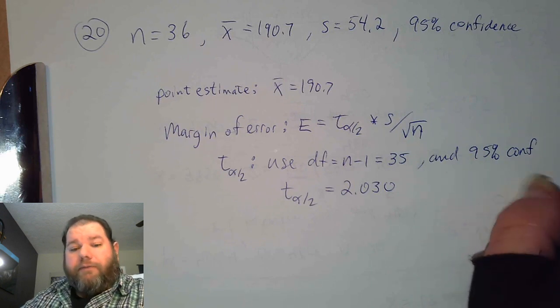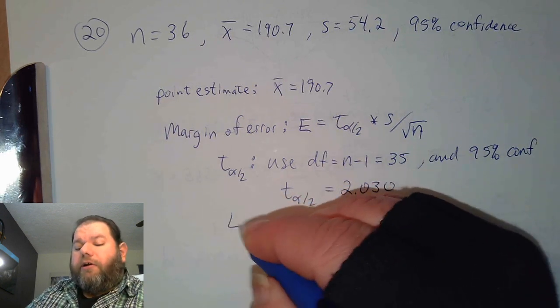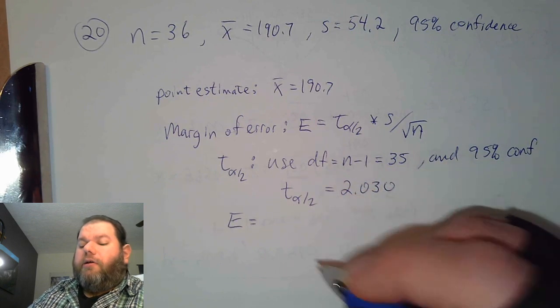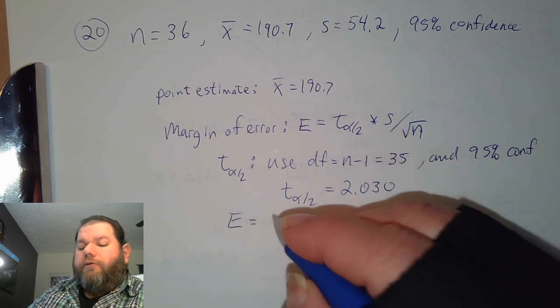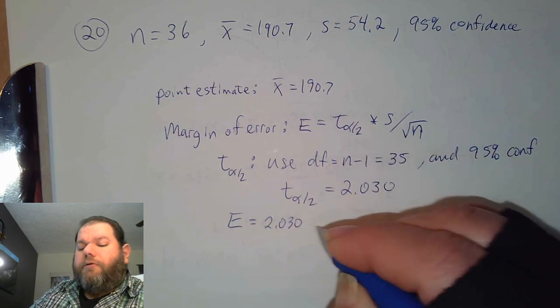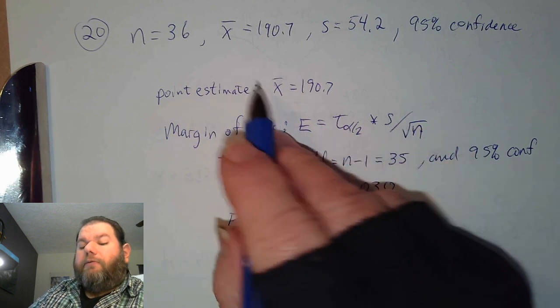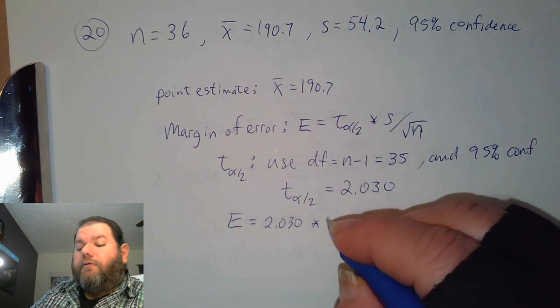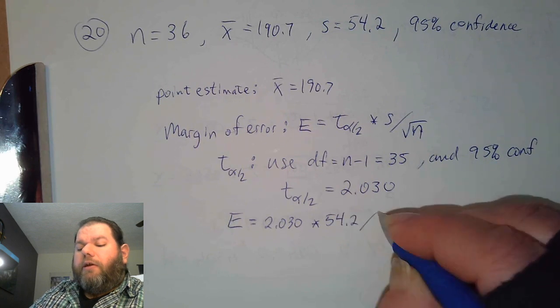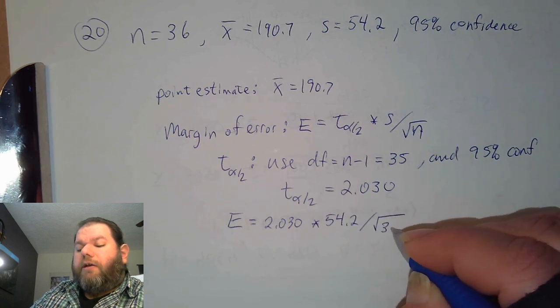So now we have T alpha over 2, so we can calculate our error, which is T alpha over 2, 2.030, times S, which is 54.2, and then divided by square root of N, which is 36.